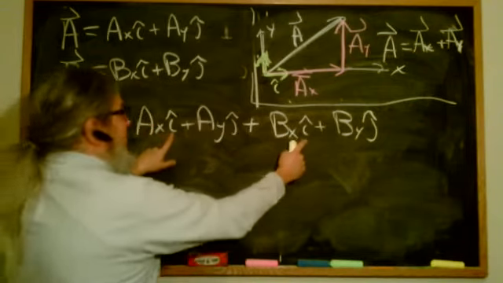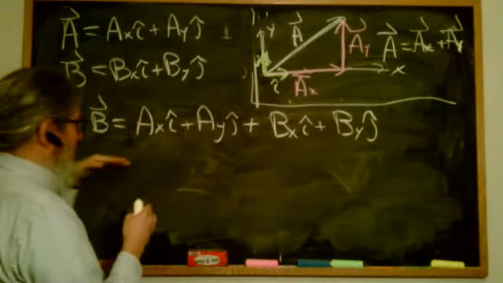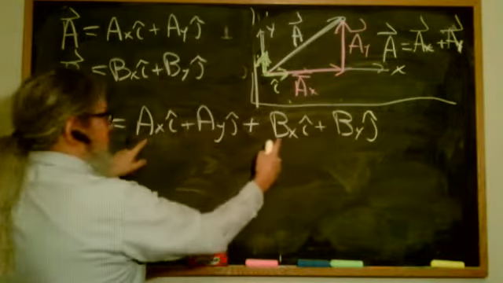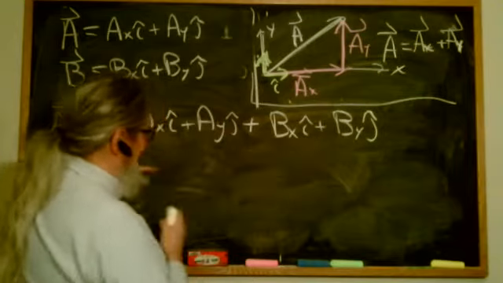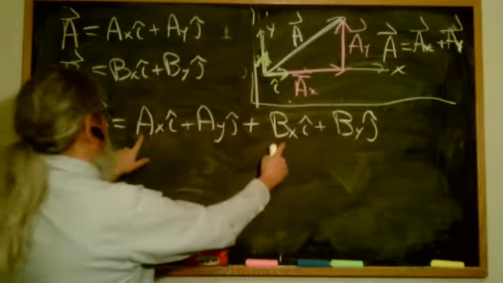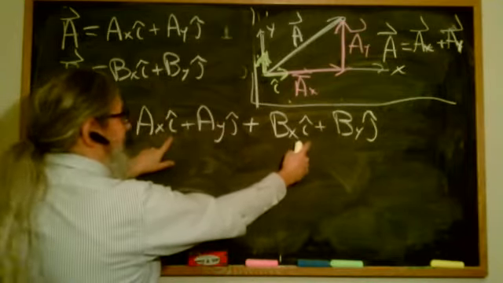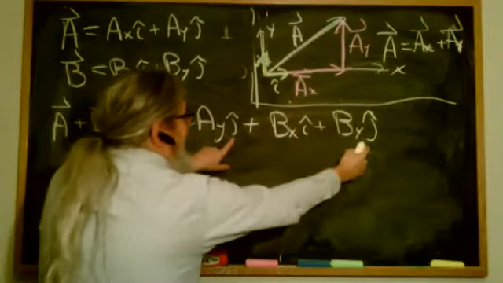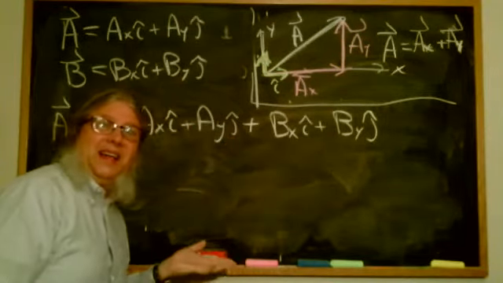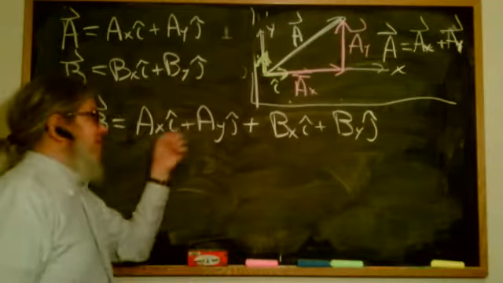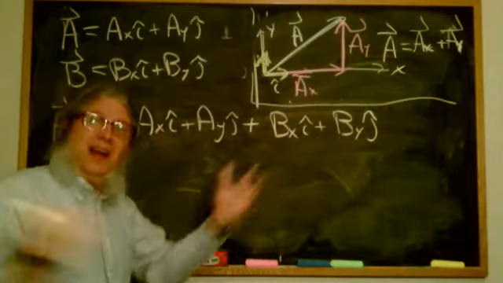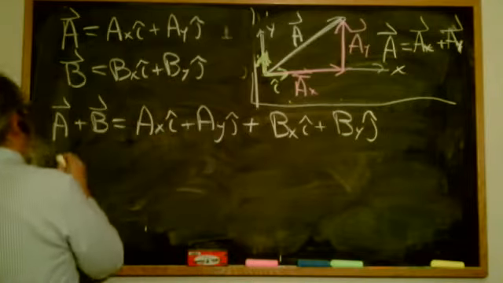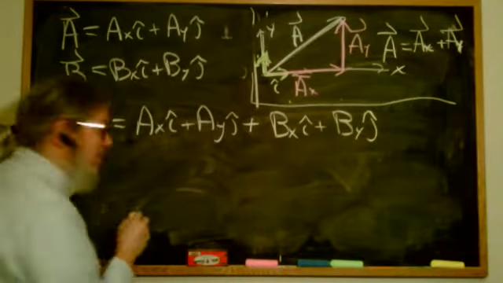If I go 2 this way and 3 that way, that's 5 that way. So whatever is in the i hat direction adds, and likewise for the j hats. The i hats and j hats can be thought of as apples and oranges; you collect like terms, in the language of algebra.